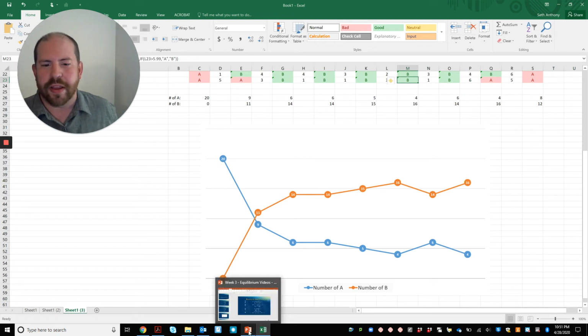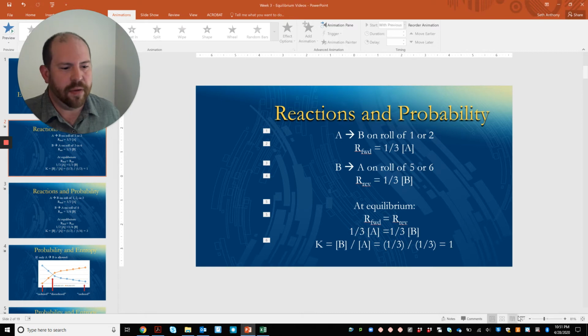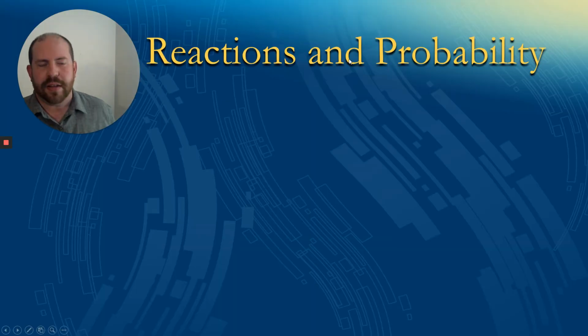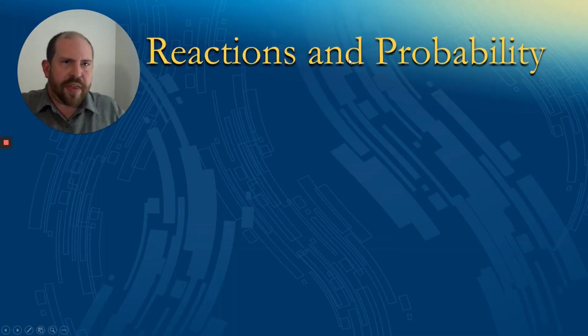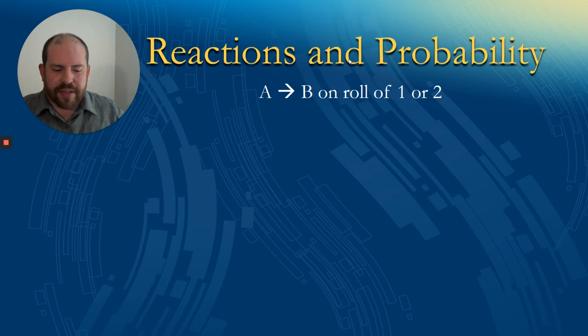So what's going on here mathematically? How do we describe this in terms of our equilibrium constants? The equilibrium constants really arise out of probabilistic rules like what we just simulated. Let's go back to the evenly matched simulation.